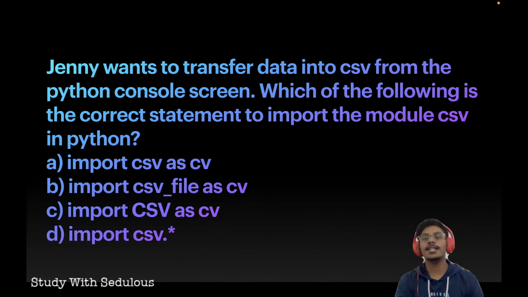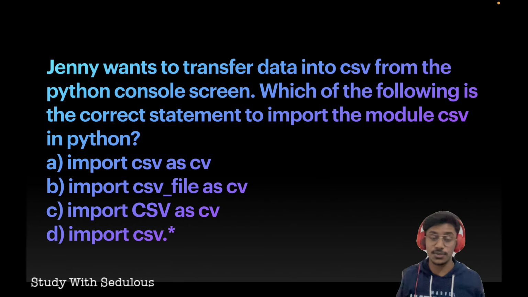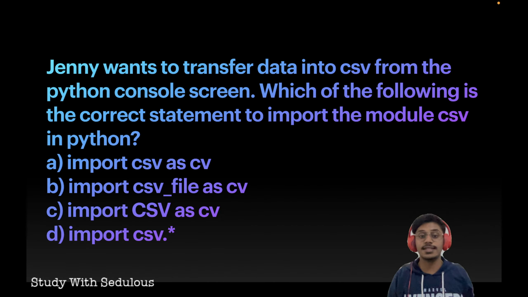Now, Jenny wants to transfer data into CSV from the Python console screen. Which of the following is the correct statement to import the module csv in Python? import csv as cv, import csv_file as cv, import CSV as cv, import csv.*.